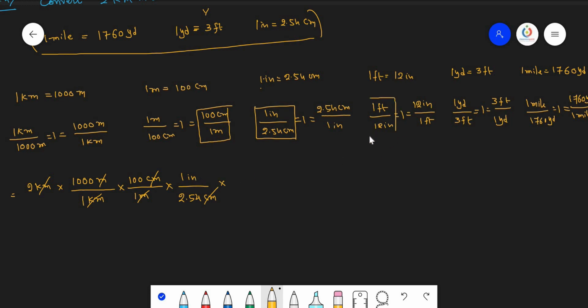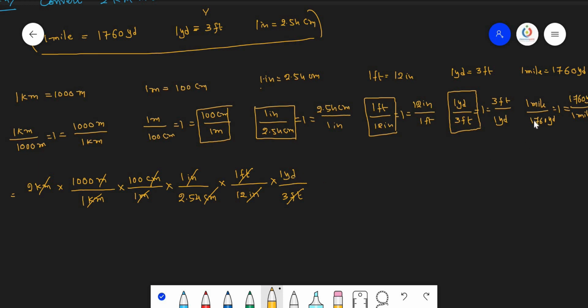Here feet and inches are there, so now 1 foot divided by 12 inches. Inches are cancelled. Now feet has come, and feet has to be cancelled. So here yards and feet are there, so 1 yard divided by 3 feet. Feet cancel. Now we got the answer in yards.